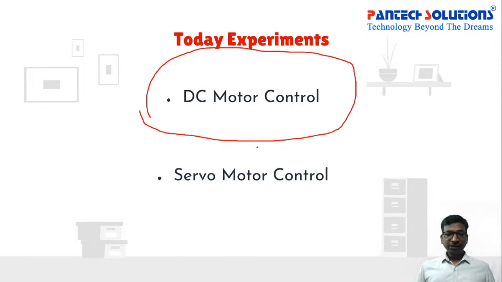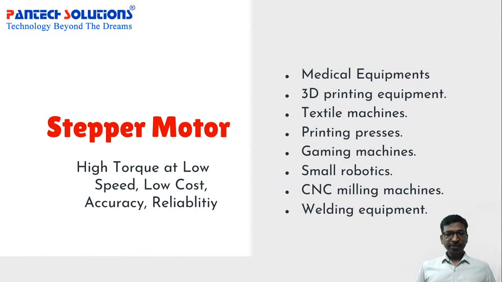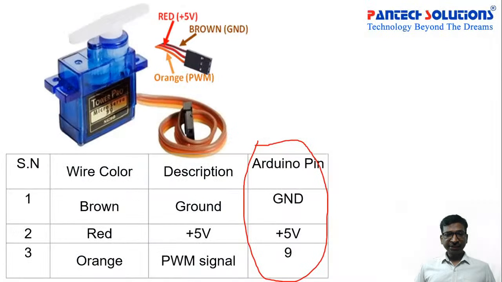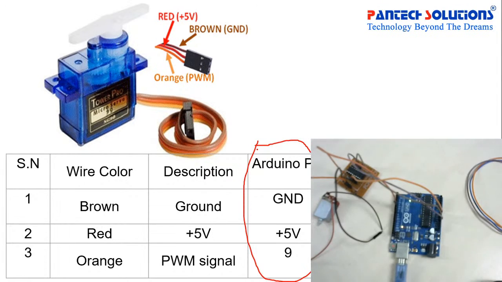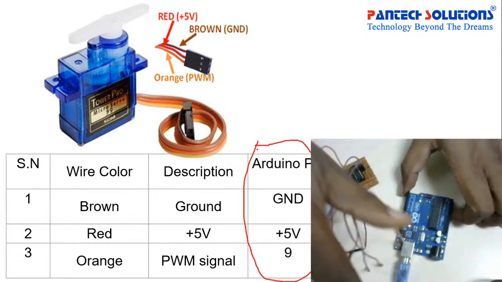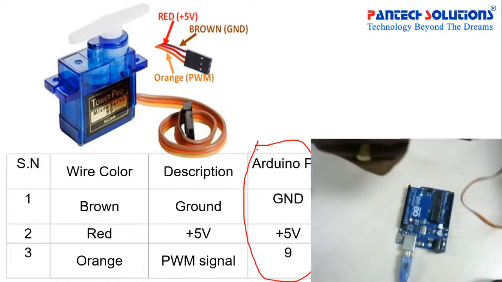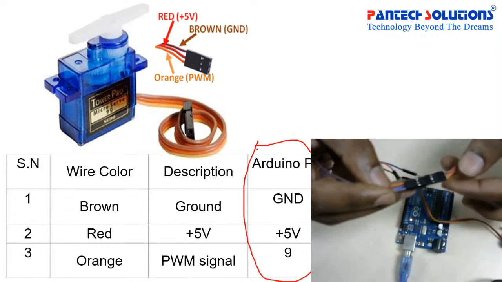Next is servo motor control. For servo motor control, first we have to change the connections, based on this connection diagram. I'm going to unplug all the connections. There are three terminals.